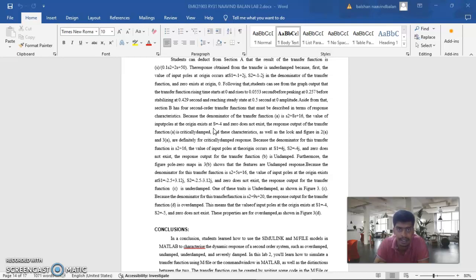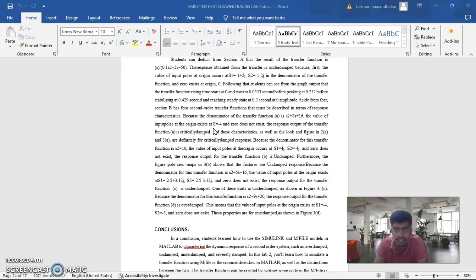And for 2A, the function is critically damped. The 2A and 3A are definitely critically damped responses because the denominator of this transfer function is s square plus 16.